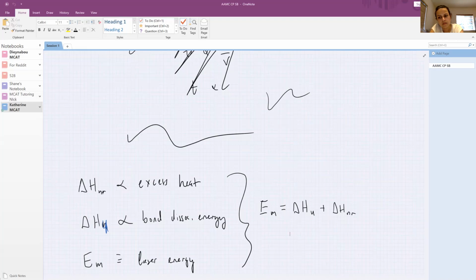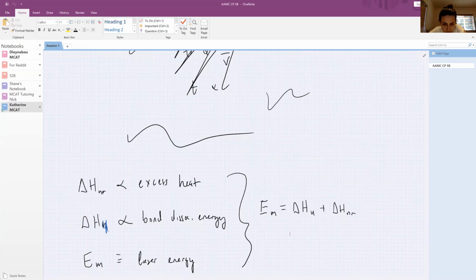So, for instance, let's just look at table 1 for a sec. Let's say we have an OH bond, or rather, let's say we have a CH bond. And let's say we shoot it with a laser that has an energy of 463.